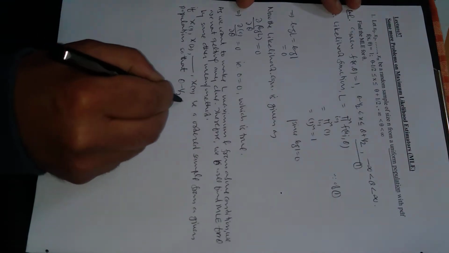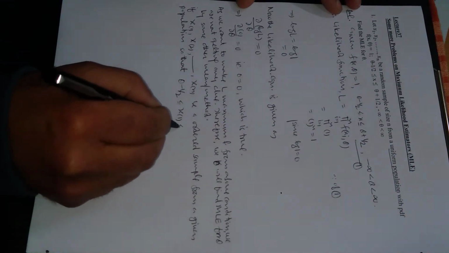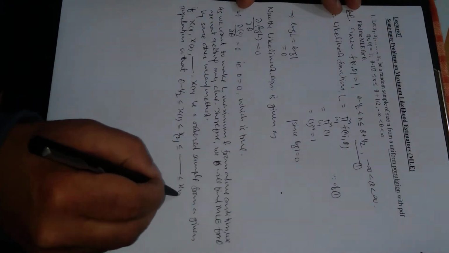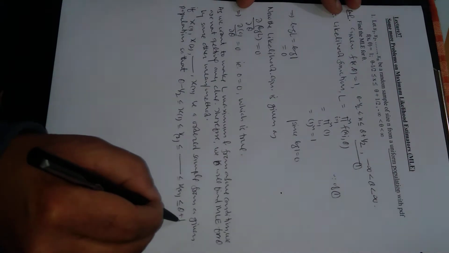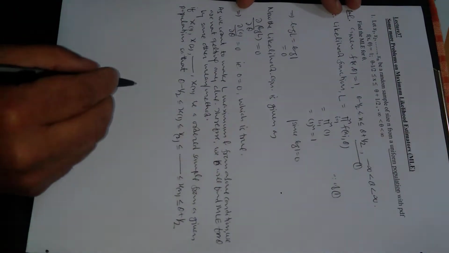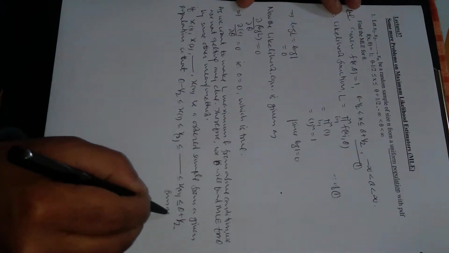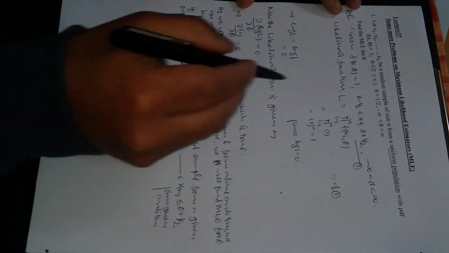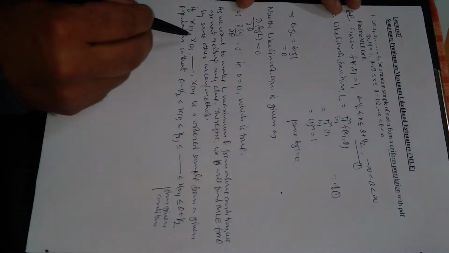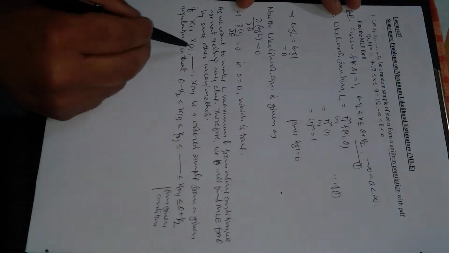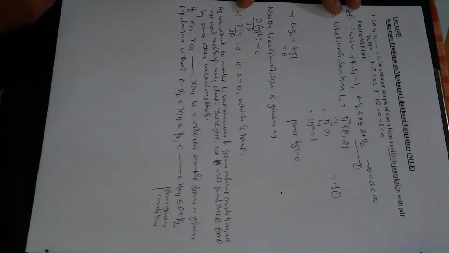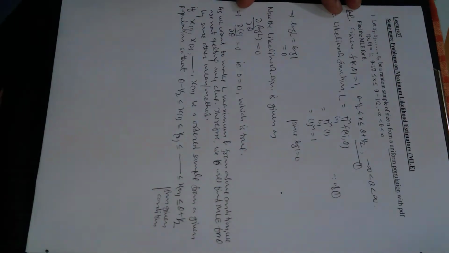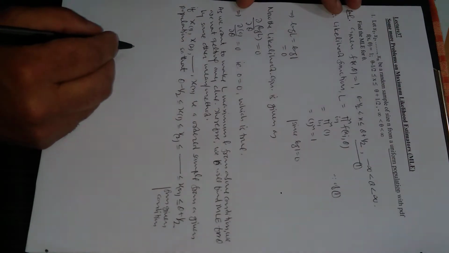So theta minus half is less than or equal to x1 in bracket, x2 in bracket, continuing in this way up to xn in bracket, which is further less than or equal to theta plus half. This is from the given condition, because x lies between theta minus half and theta plus half. So xn is the largest observation, which is further less than theta plus half.